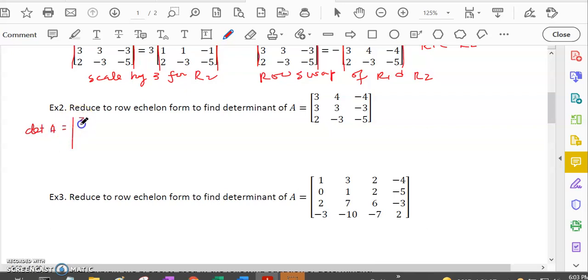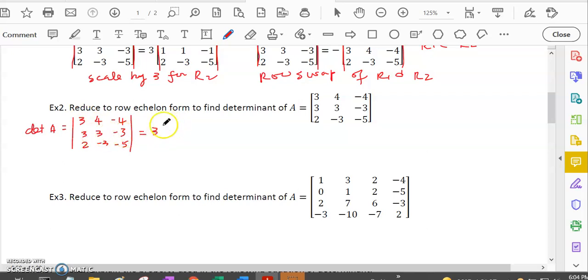The determinant of A is equal to the determinant of the matrix with rows 3, 4, negative 4; 3, 3, negative 3; 2, negative 3, negative 5. This first row is not starting with 1, so we factor the 3 out of row 2.